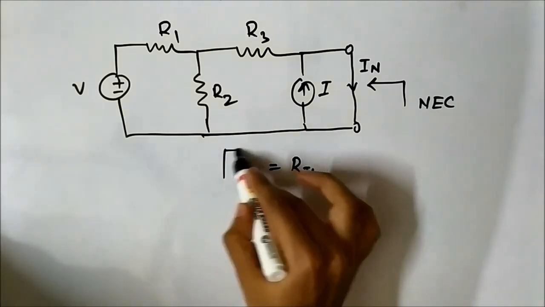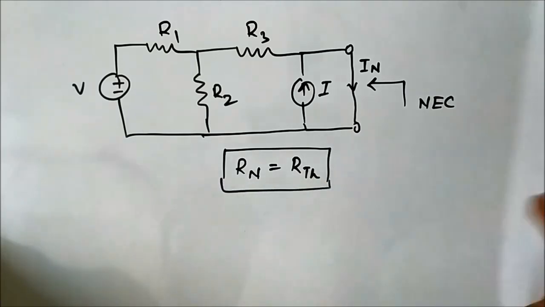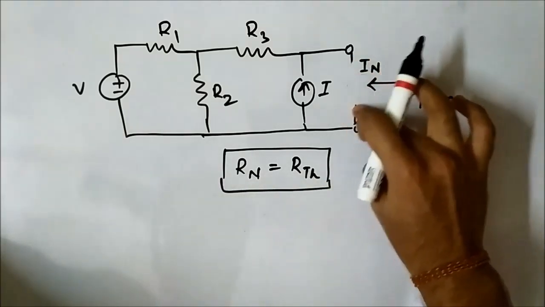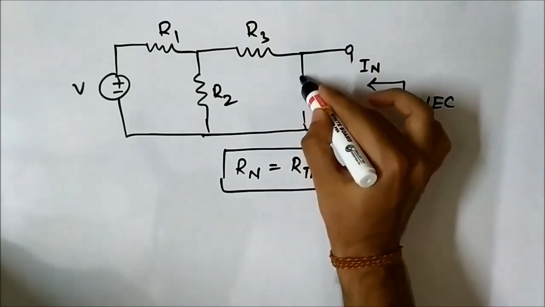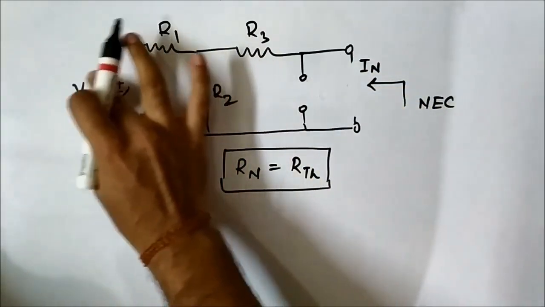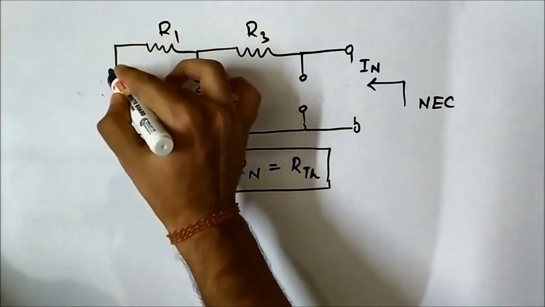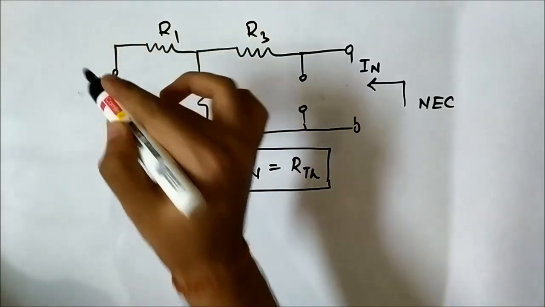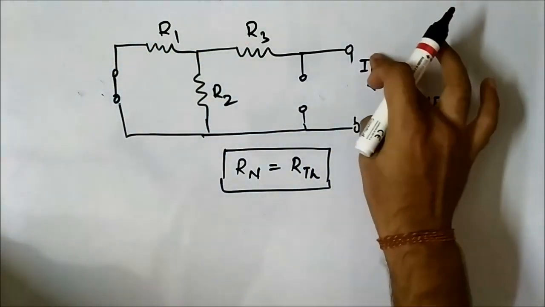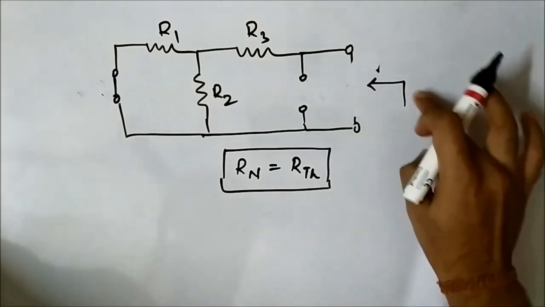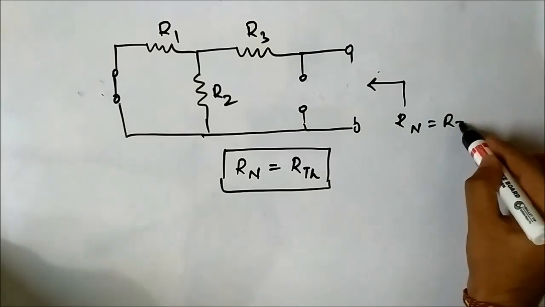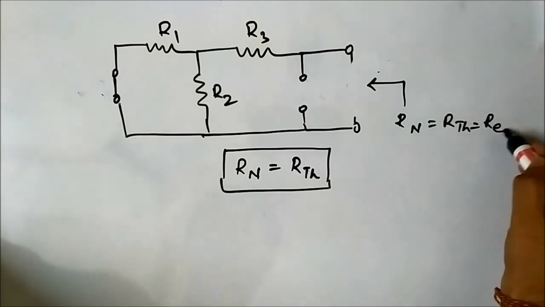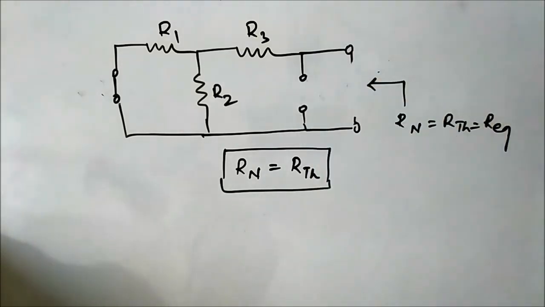For doing that, we have to open circuit the current sources and short circuit the voltage sources, and find the Norton's resistance, which is the same as the Thevenin resistance, the equivalent resistance across these 2 points.